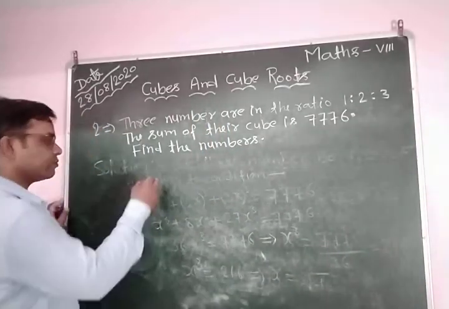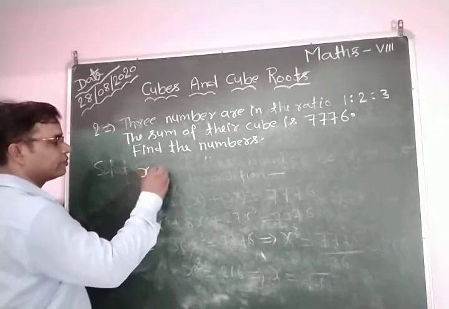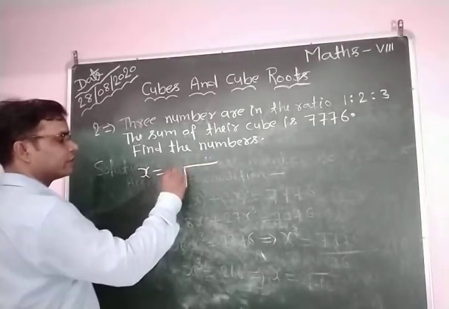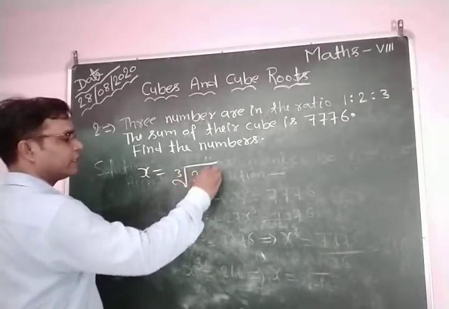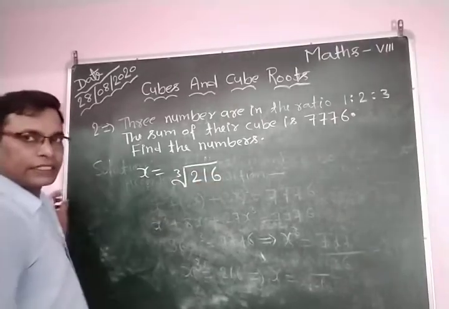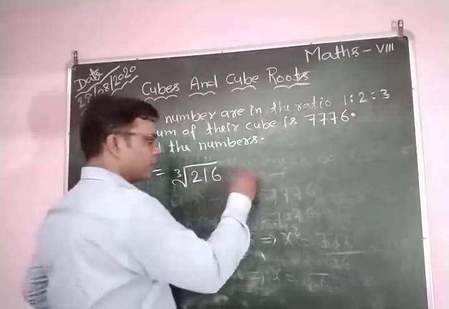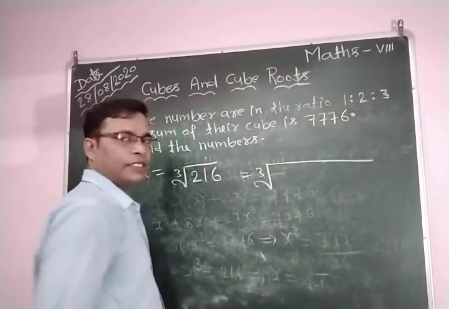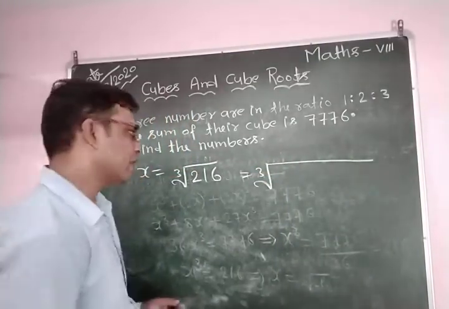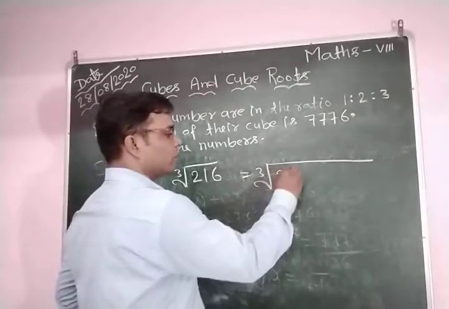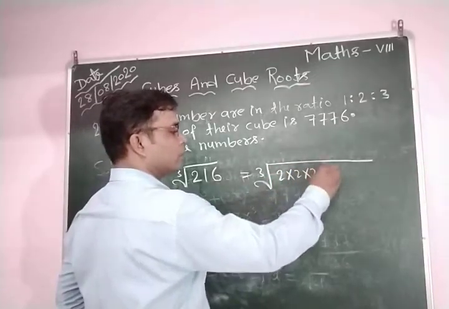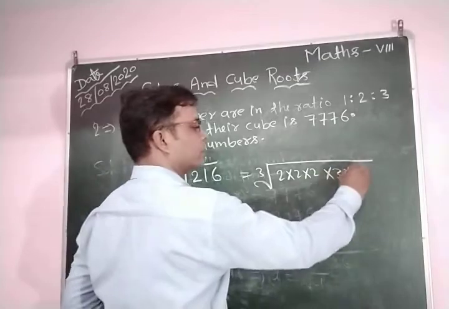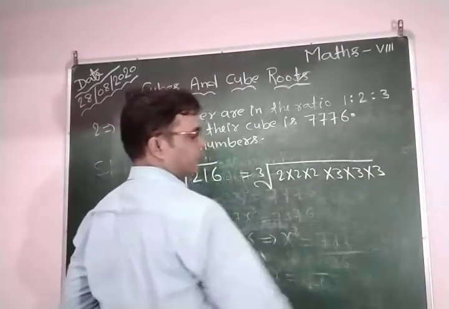So we have x is equal to cube root of 216. We can express this 216 as a product of prime factors. This is equal to 2 into 2 into 2 into 3 into 3 into 3.